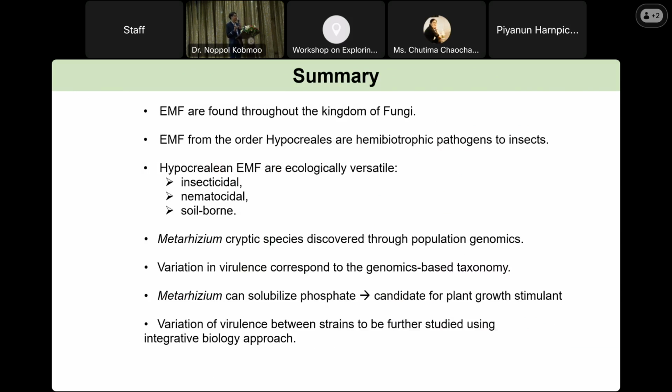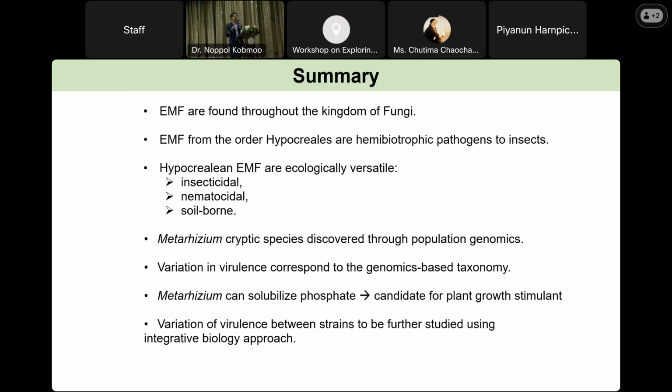They can be found in soil associated with the plant rhizosphere, and can infect nematodes. So from our screening, we found good strains that can be good candidates as biostimulants in biofertilizer for rice cultivation, and also good candidates as biocontrol agents against brown plant hoppers and the root knot nematodes.